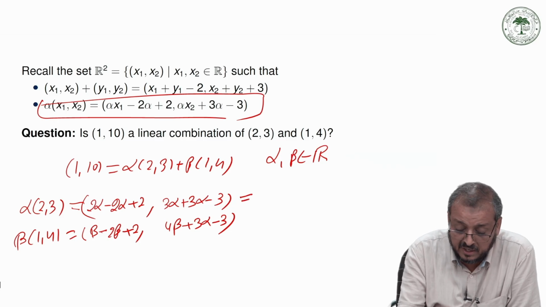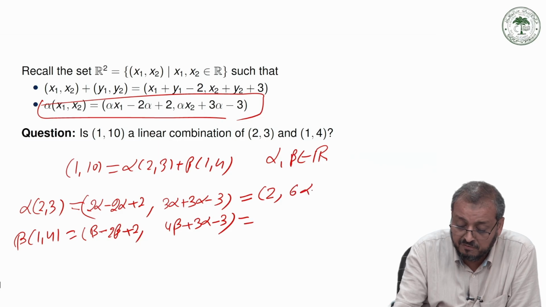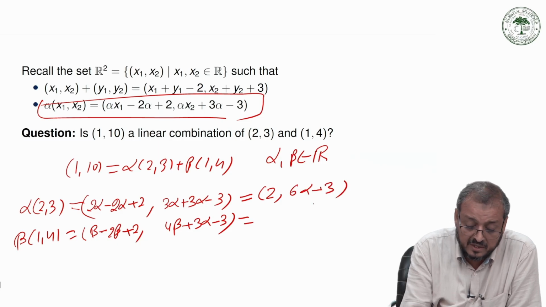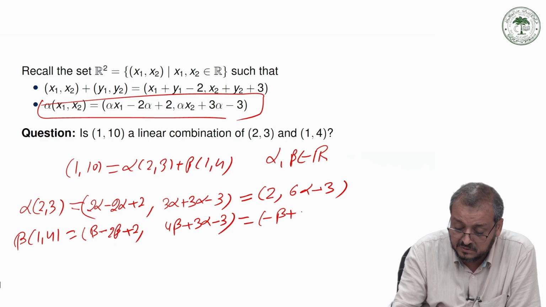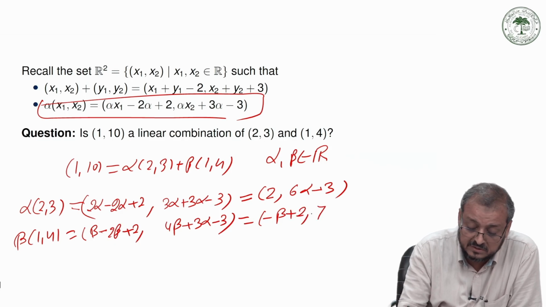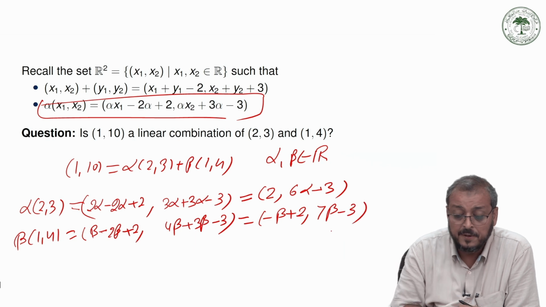We simplify this: the first is (2, 3) with 6 alpha minus 3, and the second is minus beta plus 2, and then 4 and 7 beta minus 3.